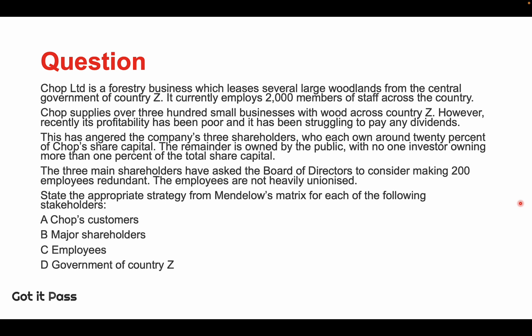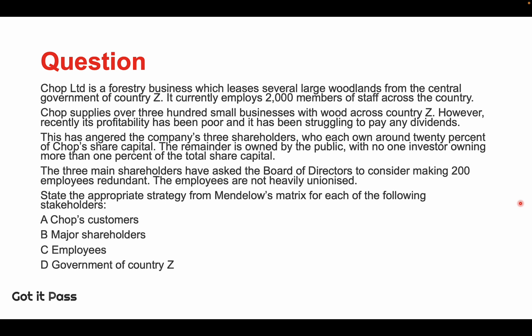The company has three main shareholders, and they are angry because of it. Their shareholding structure is that each of them owns around 20% of CHOP's share capital, and about 40% is owned by the public. No single public investor owns more than 1% of the total share capital.